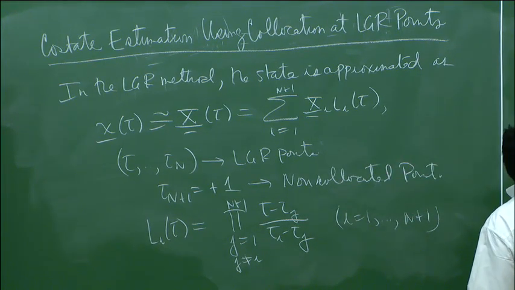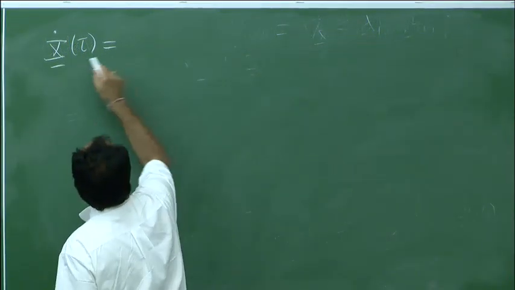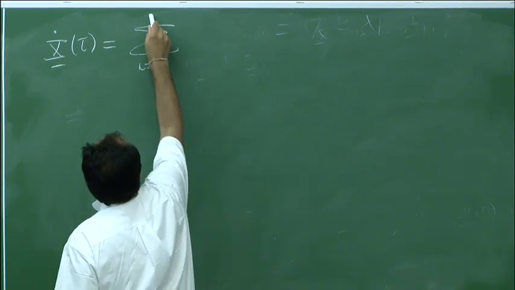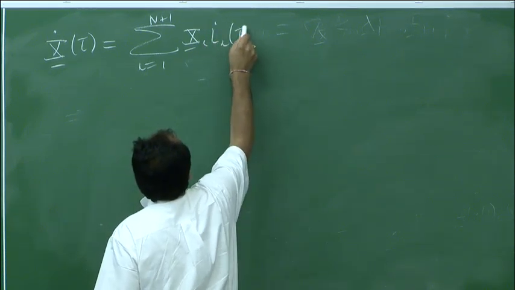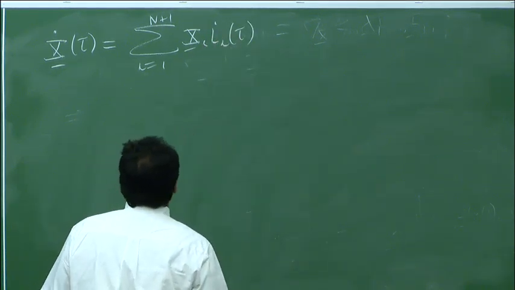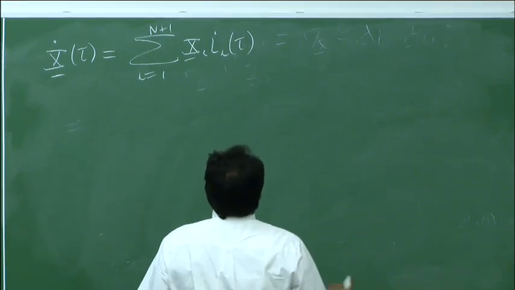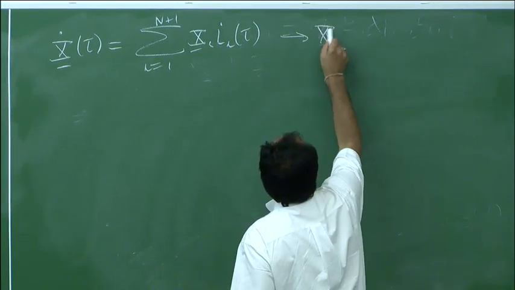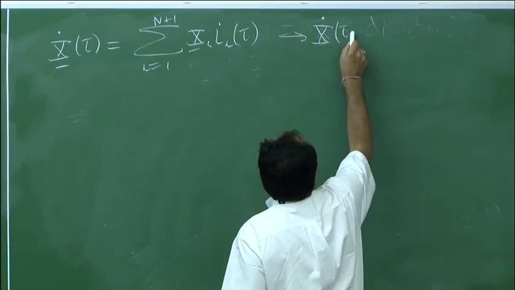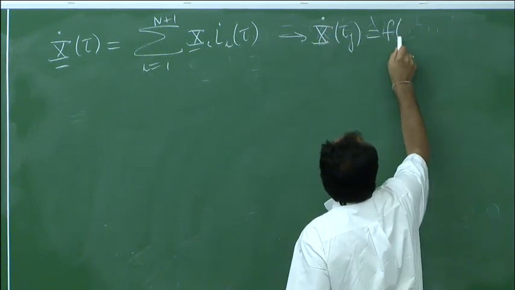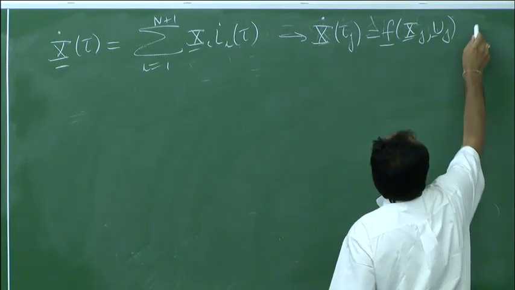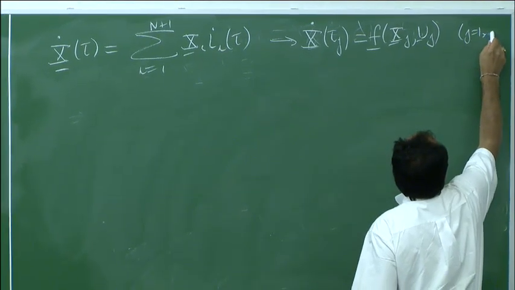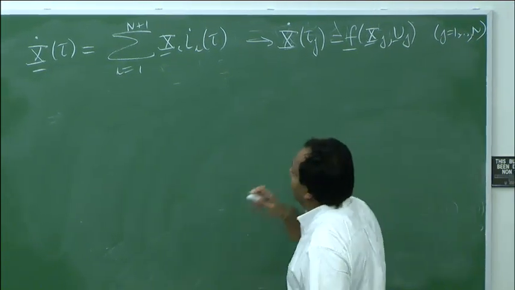So what I need to do is differentiate this state approximation, which is going to equal the sum from i equals 1 to n plus 1 of x_i times L_i dot of tau. And when we differentiate this, we collocate the result at the n LGR points. So I take X dot of tau j and set it equal to f of x_j, u_j, where j equals 1 up to n, because there are only n LGR points.